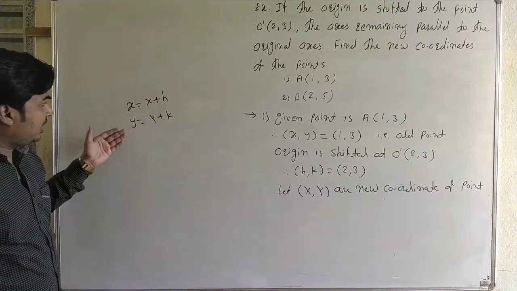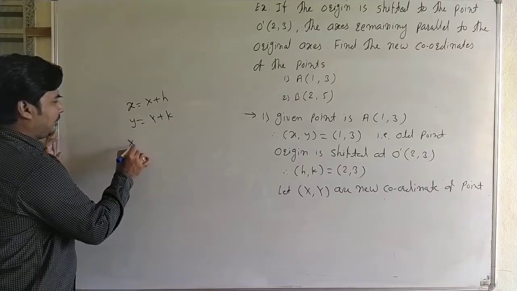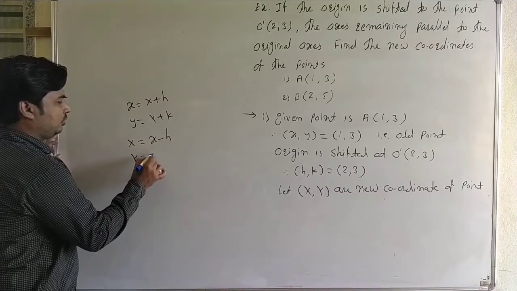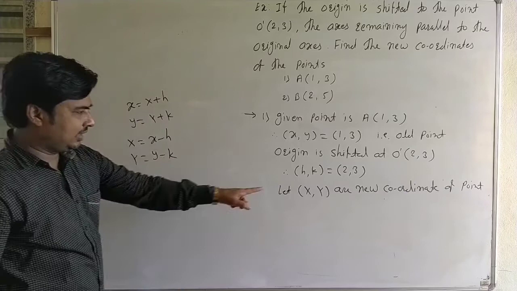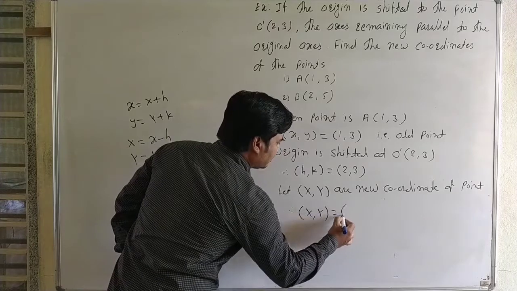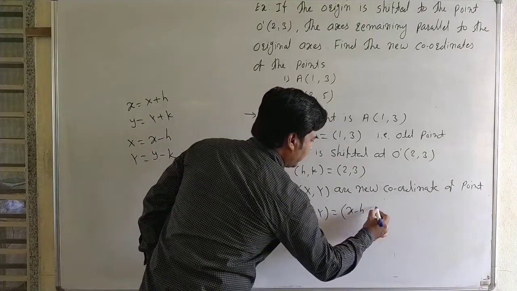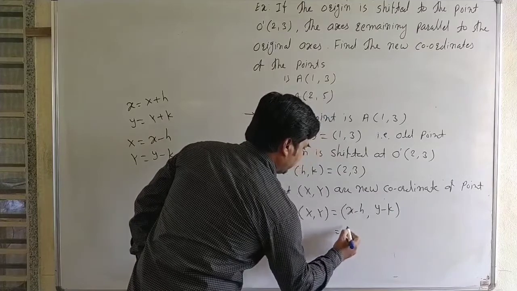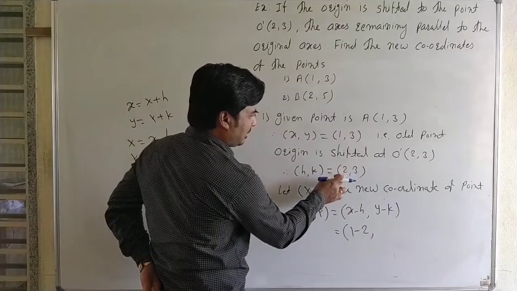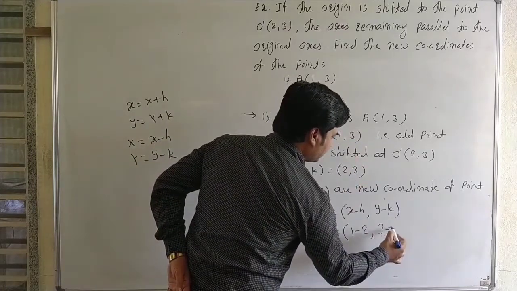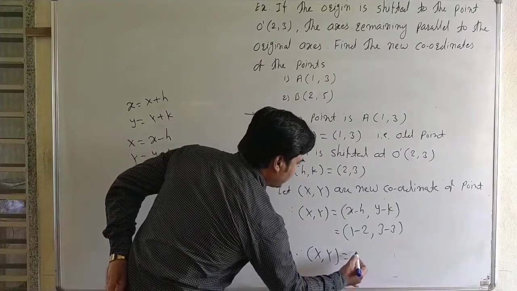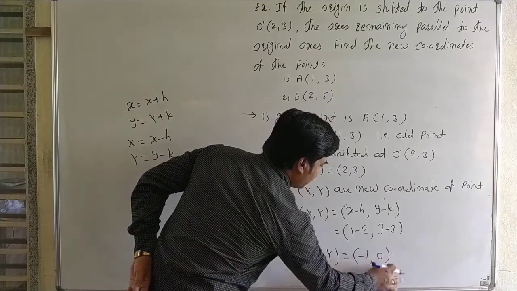Therefore capital X is equal to small x minus h, and capital Y is equal to small y minus k. So the new coordinates are x minus h and y minus k, that is 1 minus 2 and 3 minus 3. Therefore the new coordinates are (-1, 0).